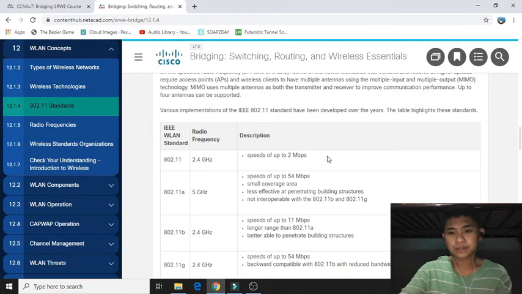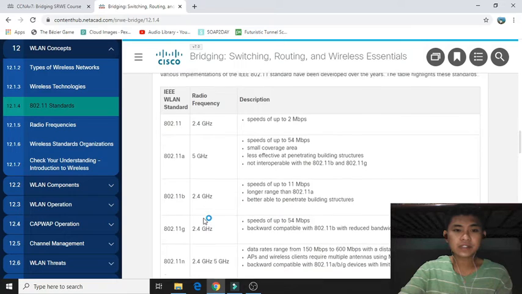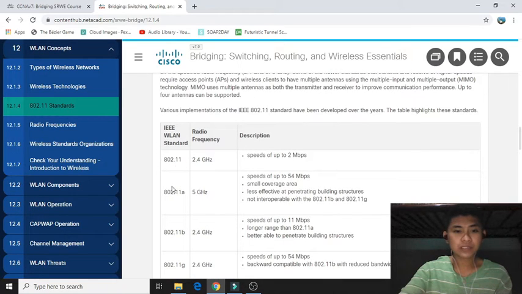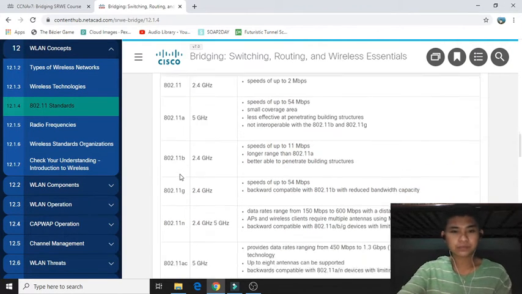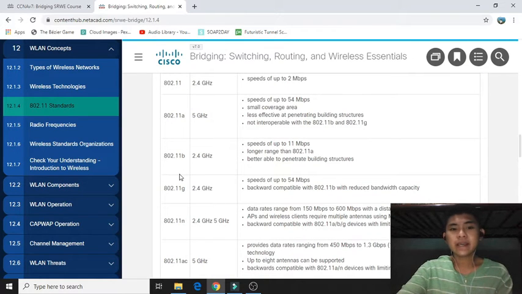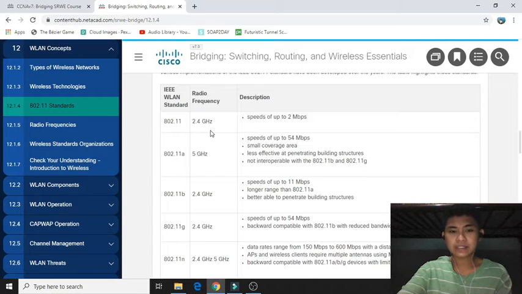We have here the IEEE standard 802.11 with a radio frequency of 2.4 GHz and a speed of up to 2 Mbps. Next is the 802.11a, which has a radio frequency of 5 GHz and speeds of up to 54 Mbps.